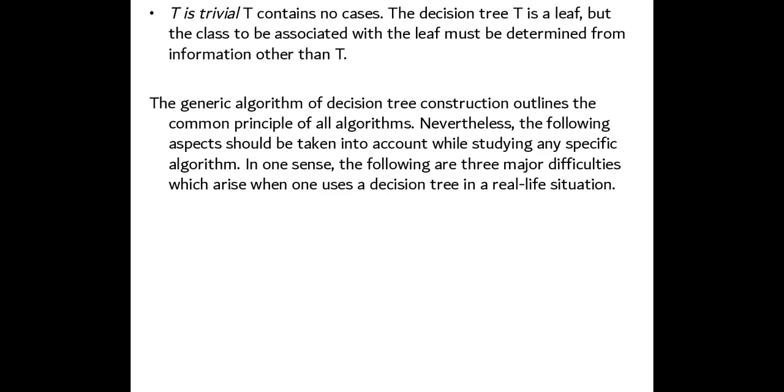In one sense, the following are the three major difficulties which arise when one uses a decision tree in a real life situation. So most of the time, you have seen the three situations, that is trivial. So in trivial it doesn't contain any cases, means no information. So here the leaf must be determined from the information other than T. Okay, so other than considering the training data set, it has considered the classes and all.